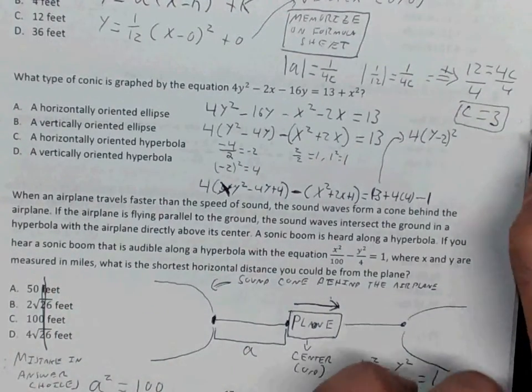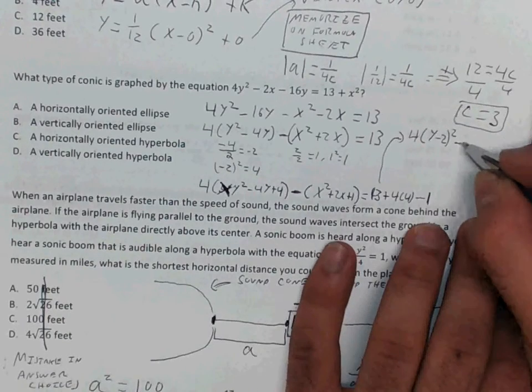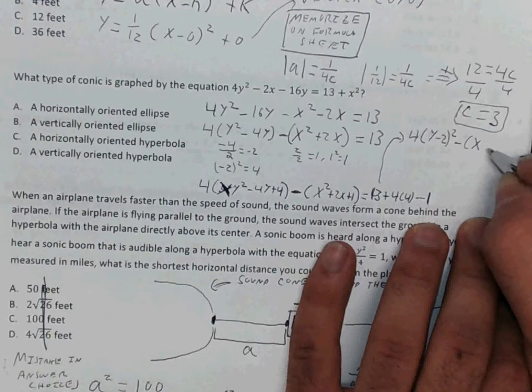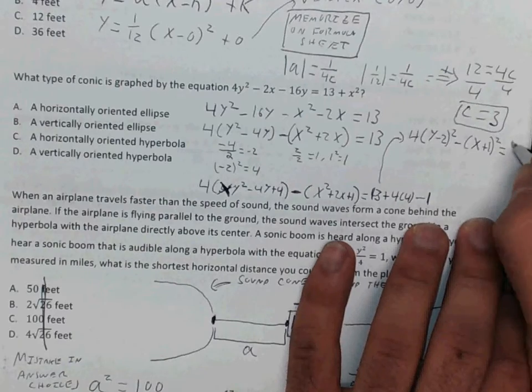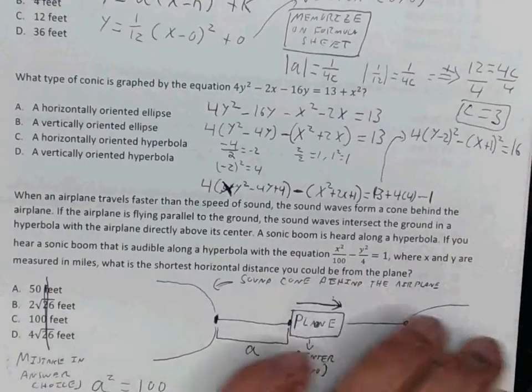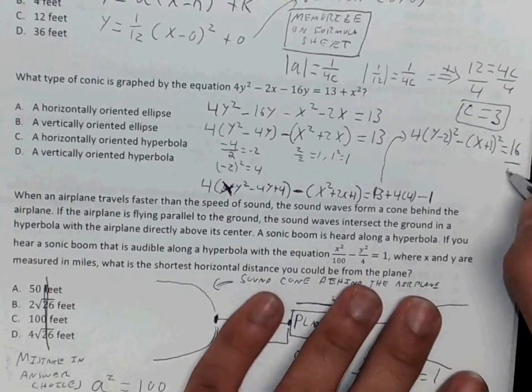4 times y minus 2 squared minus x plus 1 squared is equal to 16, and the last step is to divide each side by 16.